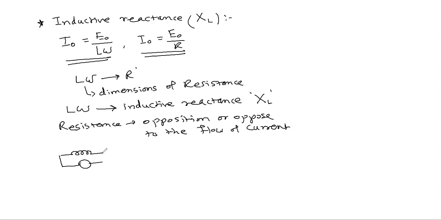Similarly, in the case of the inductive circuit, we have drawn the circuit like this. Inductor is connected across this EMF E. Then in this case also, this inductor opposes the flow of current. So here also, in this circuit, one sort of resistance is there, and that is called inductive reactance.